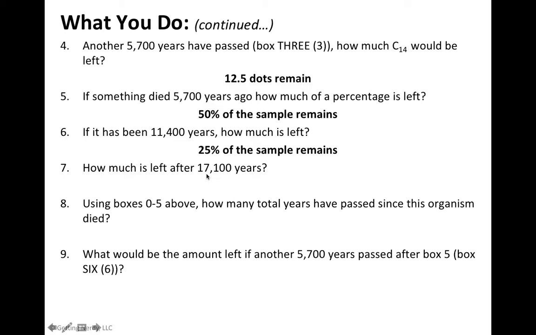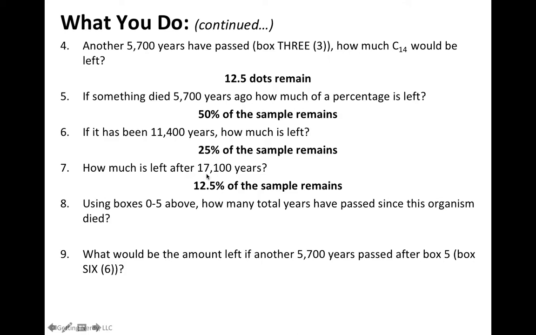Pause the video and write your answer. All right, you were correct if you said 12.5% of the sample remains. So again, cut it in half again. All right, so if you need to, go back through that piece of the video. And you can also work with your group now if you want some extra help.